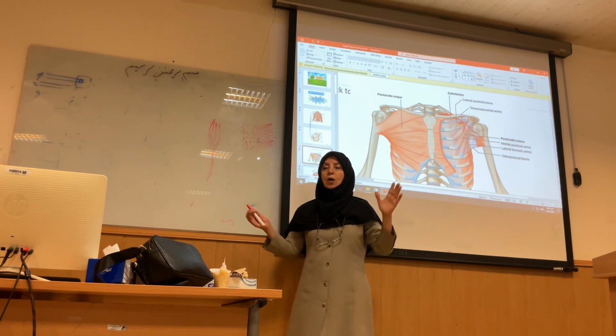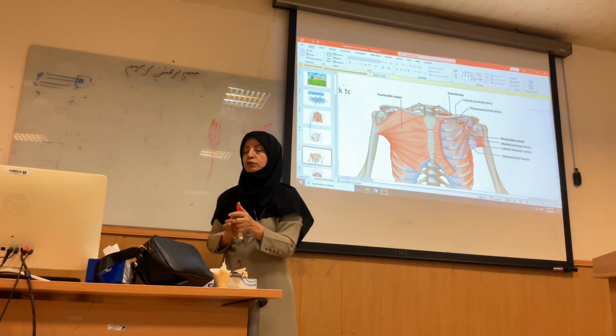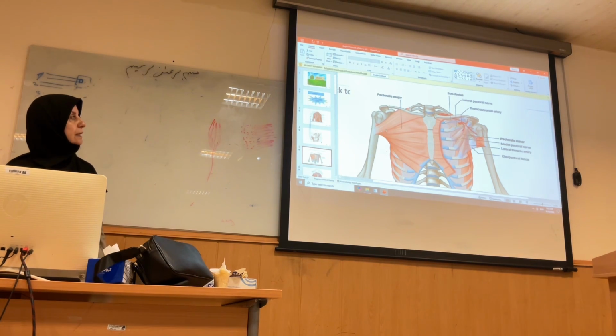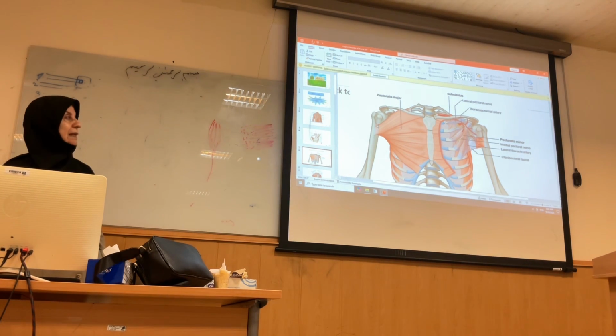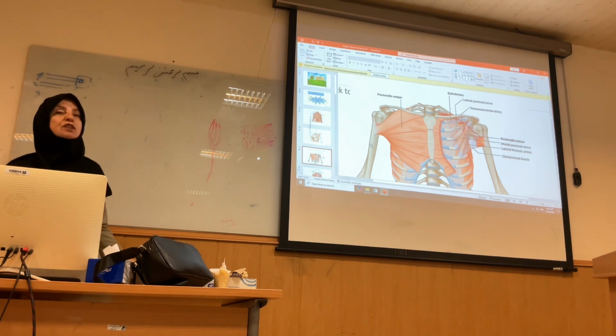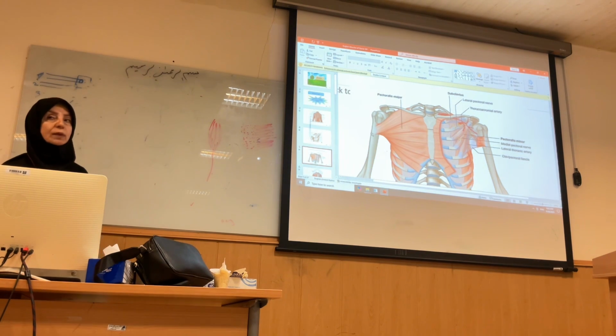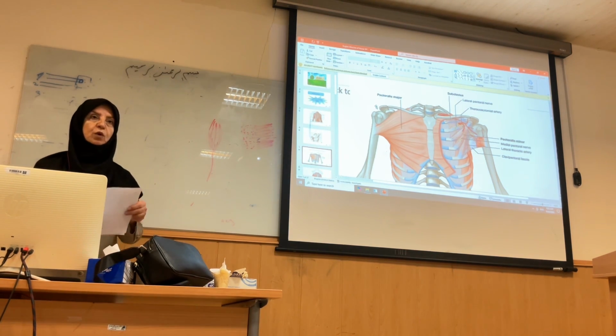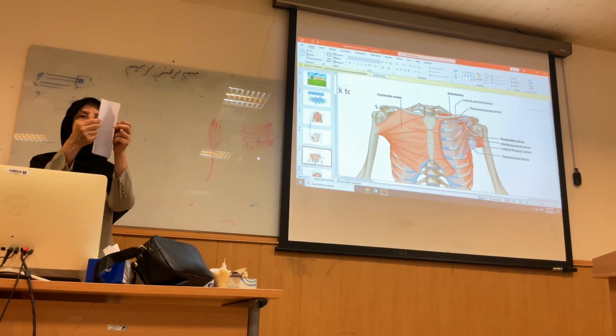Now the muscle fibers converge laterally. They make a very flat tendon. This tendon attaches to the humerus. Which part of the humerus? To the intertubercular sulcus. Do you know the sulcus? Sulcus is such as this.